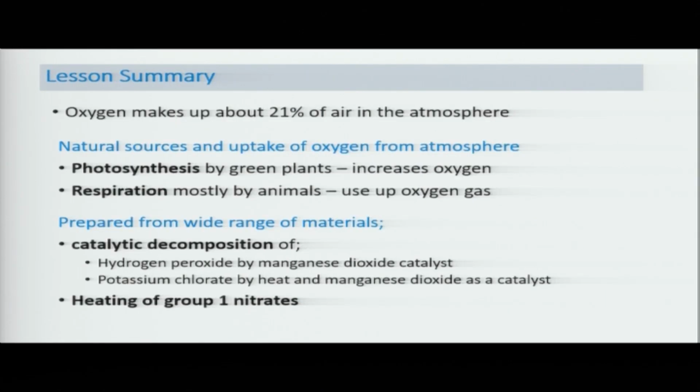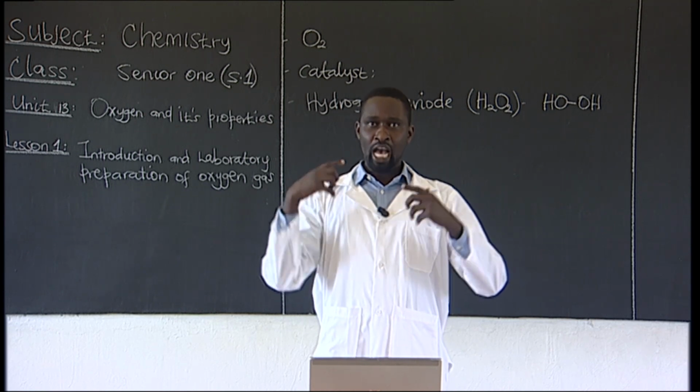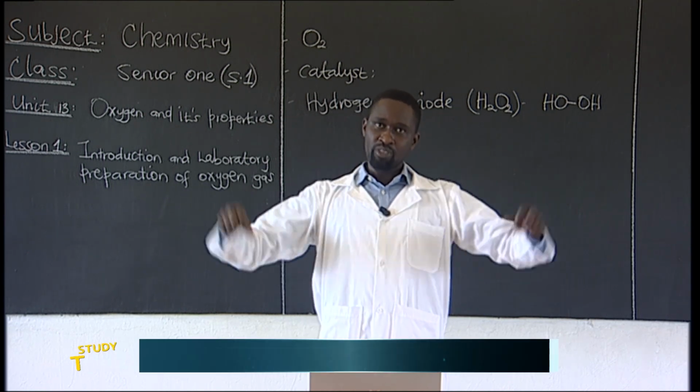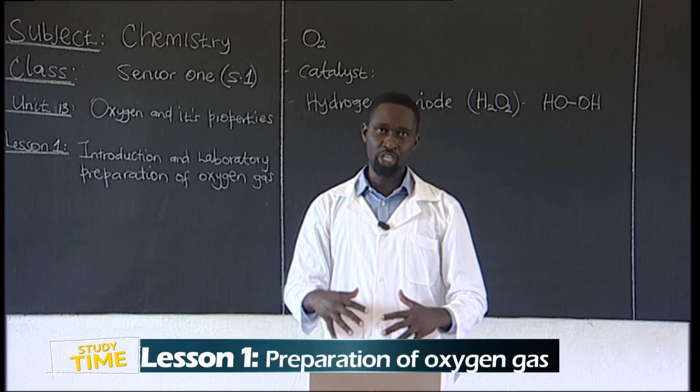Let's quickly summarize what we've gone through in this lesson. One, oxygen makes up about 21% of air in the atmosphere, and we use oxygen in breathing or in respiration. So as we take in oxygen from the atmosphere, the amount of oxygen in the atmosphere reduces.